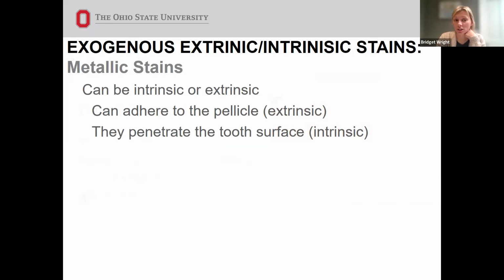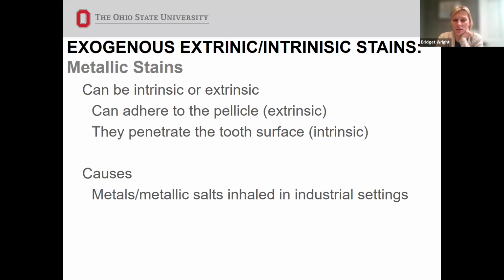Okay, so exogenous staining, because it was caused by something outside of the mouth, can be either intrinsic or extrinsic, and includes metallic stains. Extrinsic means that it is adhering to the pellicle on the outside of the tooth, but intrinsic is when it penetrates the tooth.